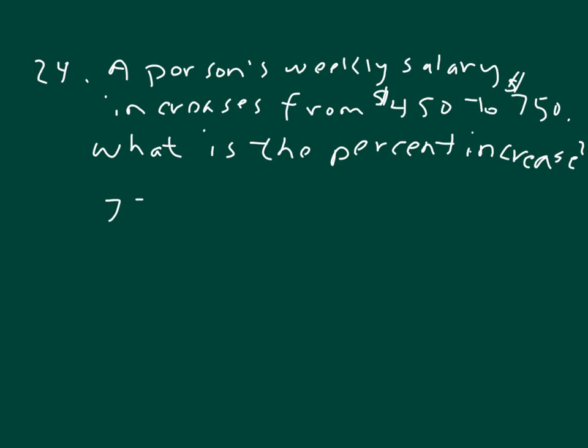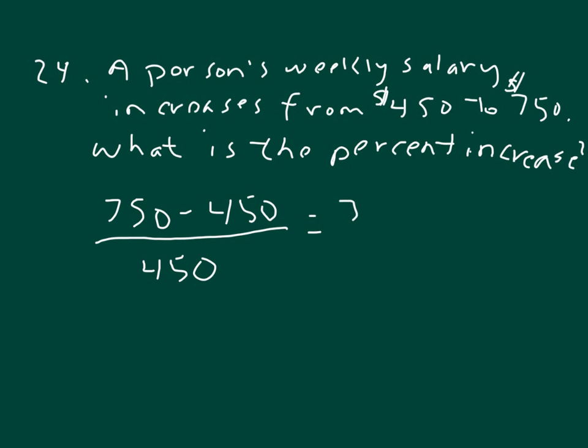So the change is 750 minus 450, and the original amount was 450, to see where we started from. And this is going to be a percent increase. So this is going to be 300 over 450. You can actually knock those zeros off and use 30 to 45. And that would be the percent increase.